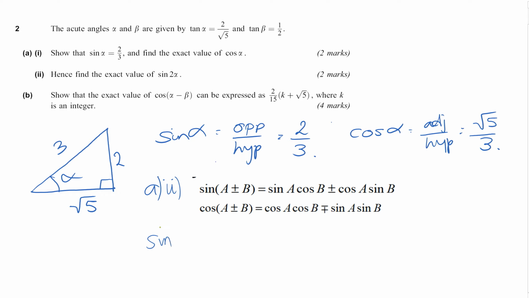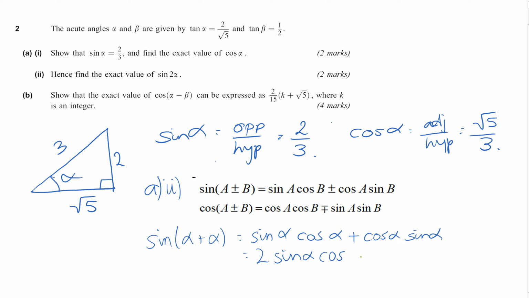So sine alpha plus alpha is equal to, let's just do that properly, sine alpha cos alpha plus cos alpha sine alpha, which is the same as saying 2 sine alpha cos alpha.